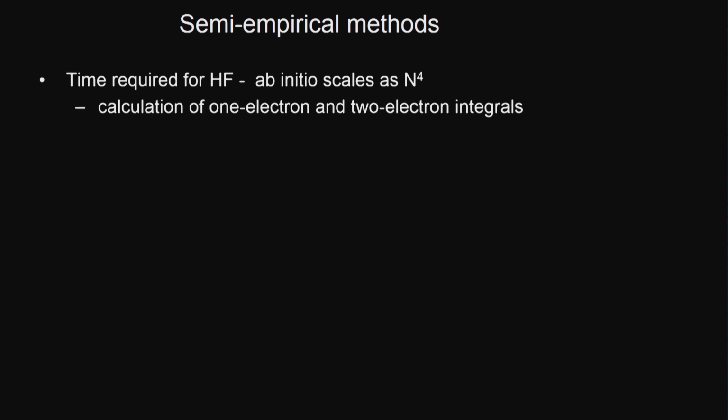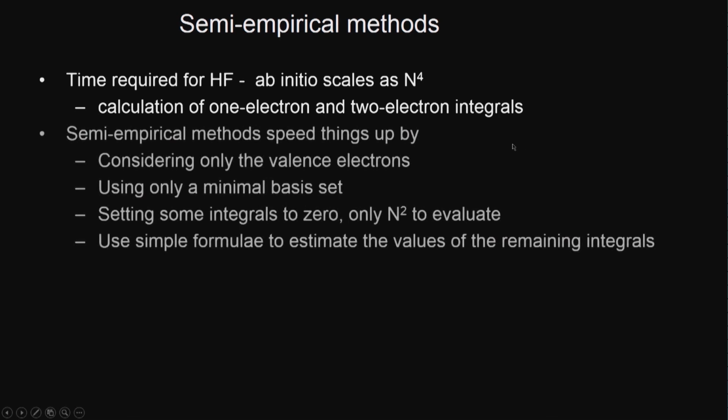The time required for Hartree-Fock ab initio scales as n raised to the power 4, that is the evaluation of 1 electron and 2 electron integrals. Semi-empirical methods speed things up by considering only the valence electrons, using only a minimal basis set, and setting some integrals to 0.